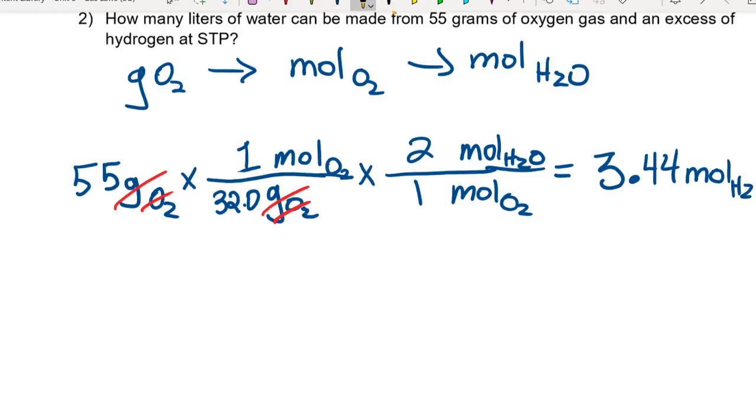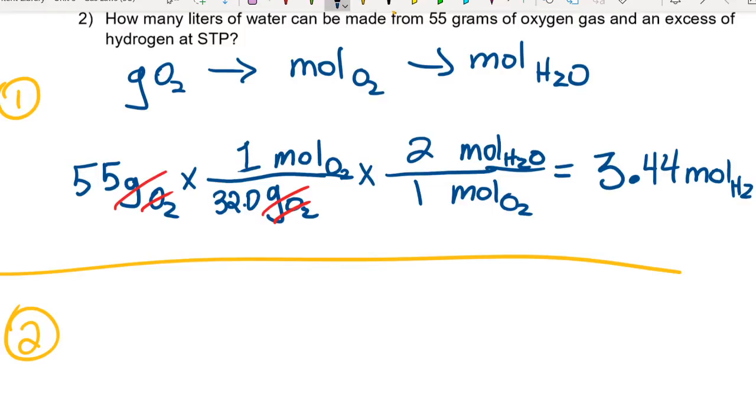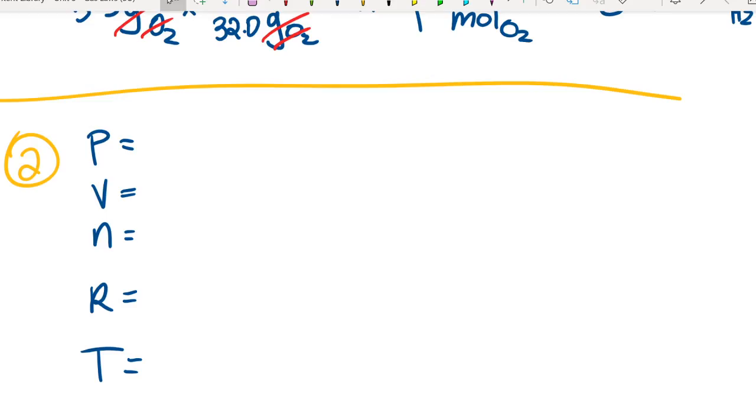So this is kind of like all our step 1. And now our step 2 is going to be, okay, PV equals nRT. Is this still at STP, this question? Are we still at standard temperature and pressure? So pressure then will be what? 101.3 kilopascals.